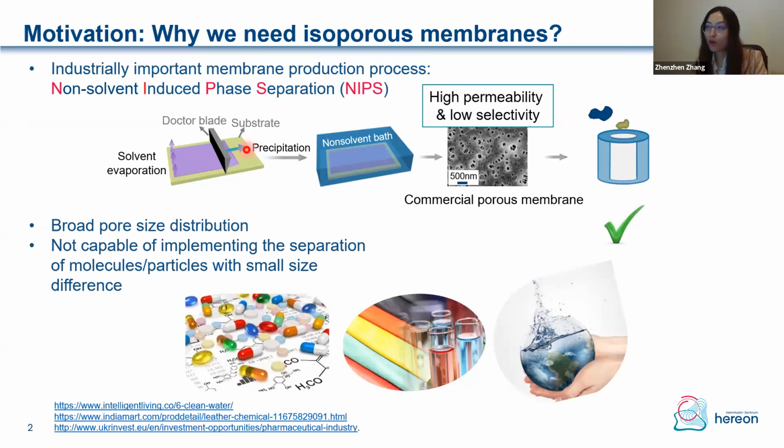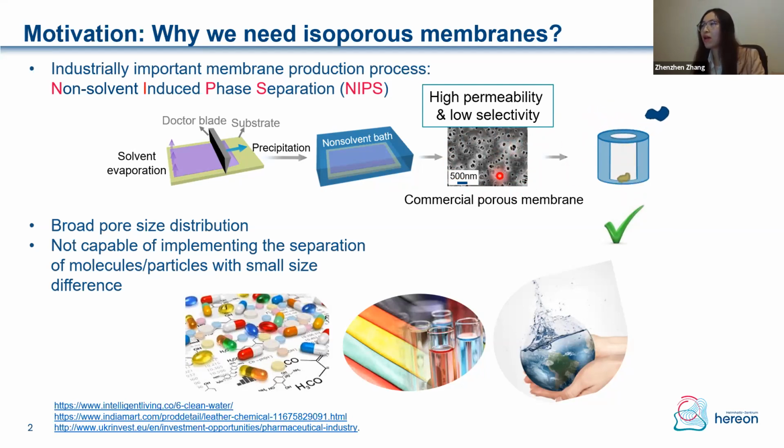So first, I would like to answer why we need isoporous membrane. As most of us already know, one of the industrially important processes of membrane production is non-solvent induced phase separation, normally called NIPS. This process is quite simple. Basically, we cast the membrane film and then put it into the non-solvent bath to get those open pore structures.